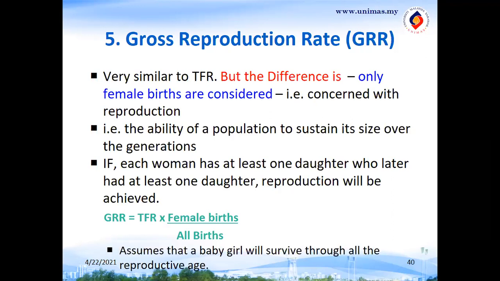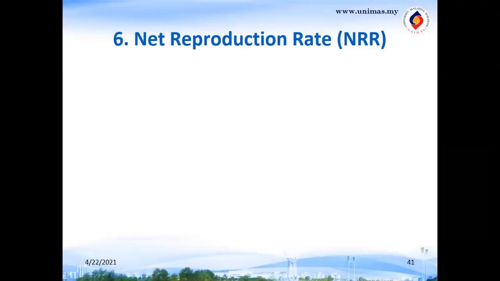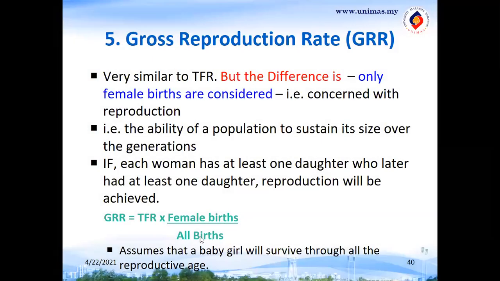Okay. So assumption ya adalah a baby girl will survive through all the reproductive cycle. Jadi the assumption sini adalah that the daughter who is born will be able to live through all the reproductive age, yaitu daripada umur 15 tahun hingga ke umur 44 tahun. That's the assumption. Okay. All right, so that's the gross reproduction rate.